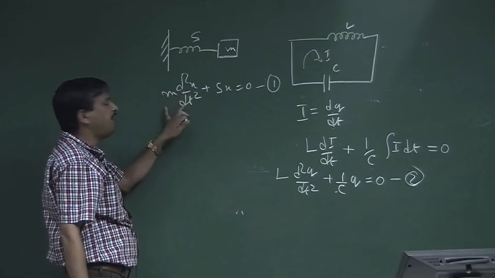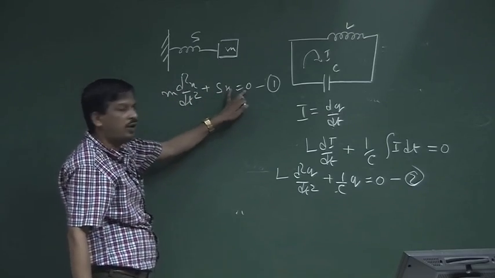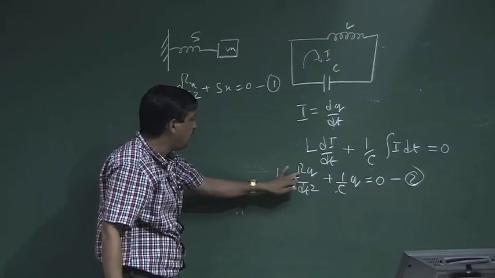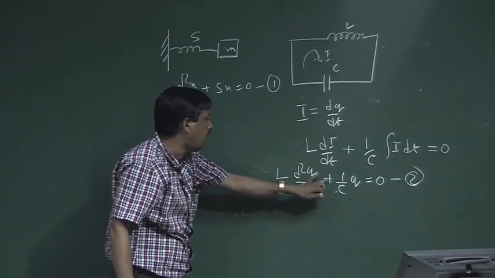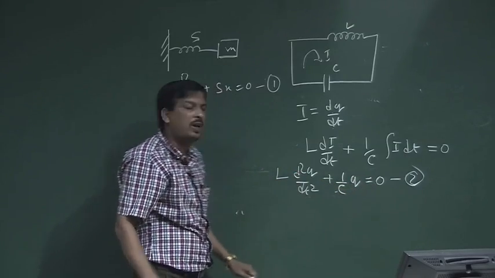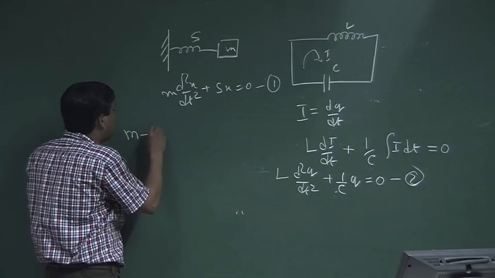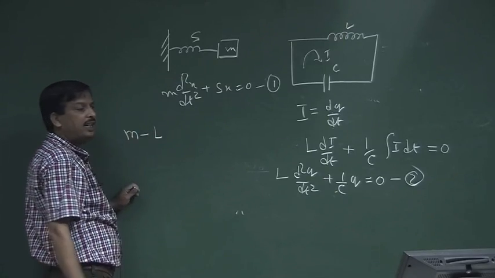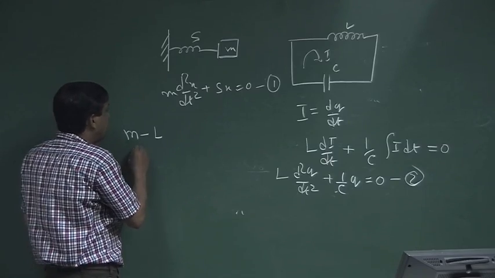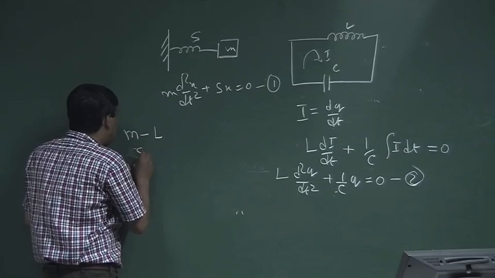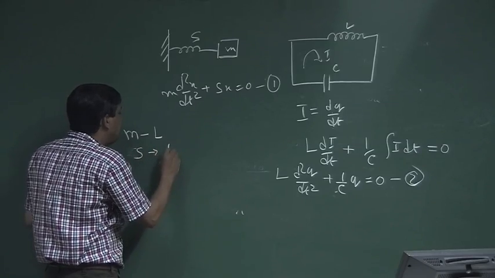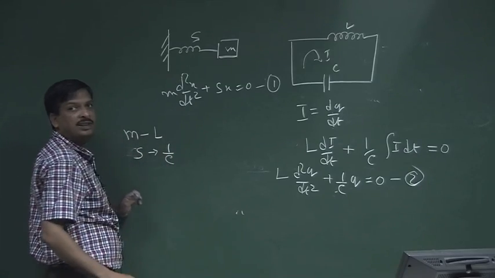m d2x/dt2 plus Sx is equal to 0. Here, L d2q/dt2 plus (1/C)q equals 0. So I can say the mass m is analogous to electrical inductance L, and the stiffness of the spring is analogous to the inverse of the electrical capacitance.